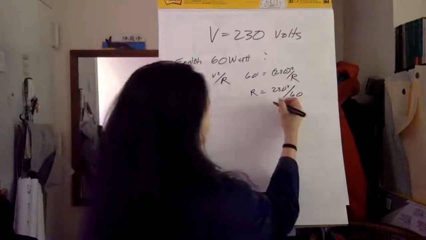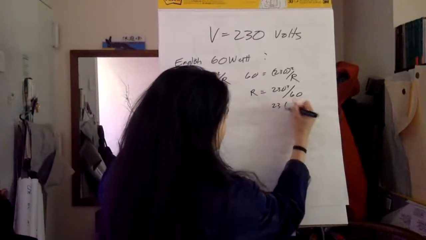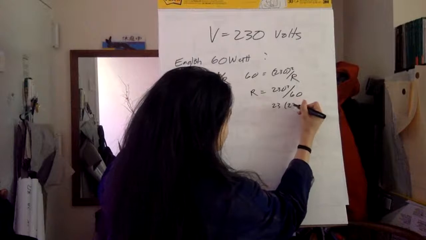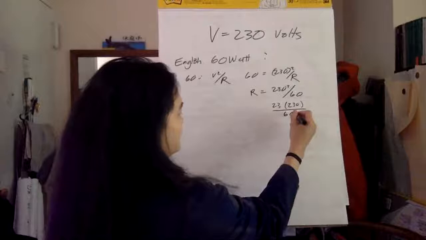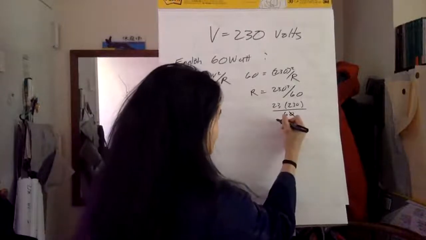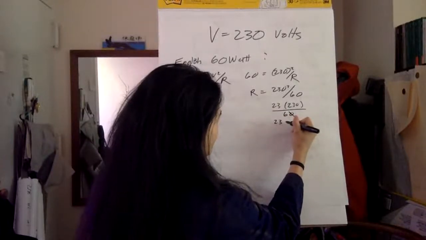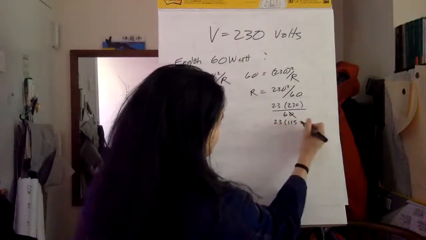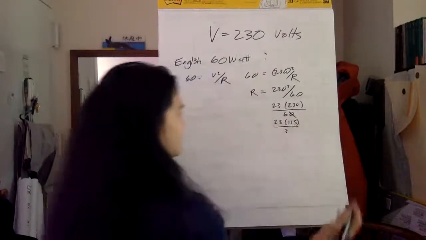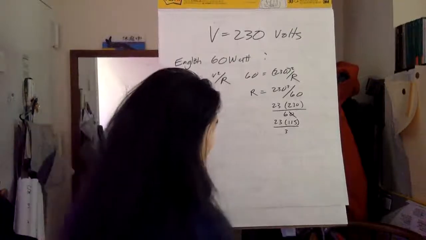This is 23 times 230 over 60, which is 23 times 115 over 3.